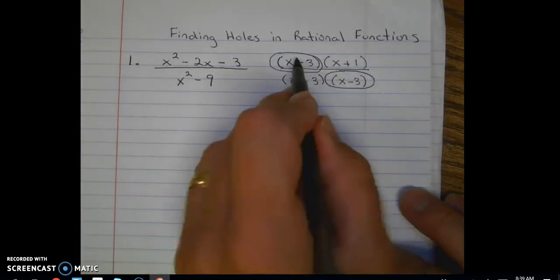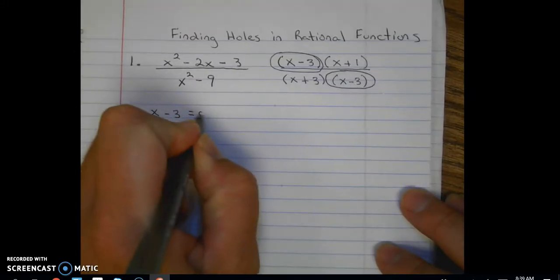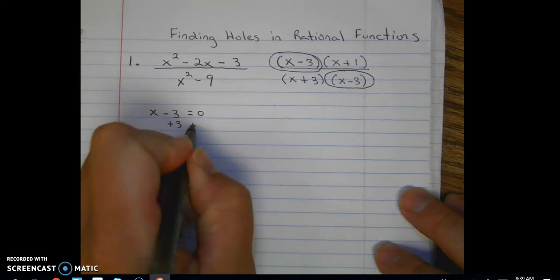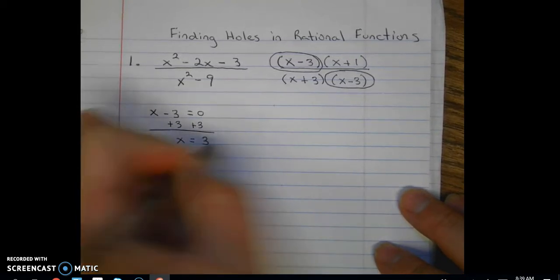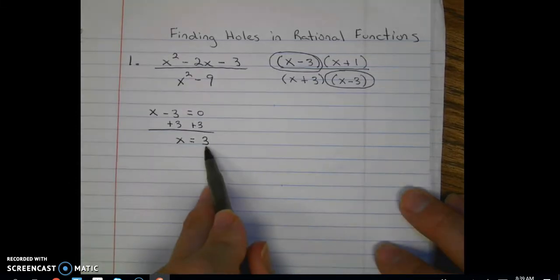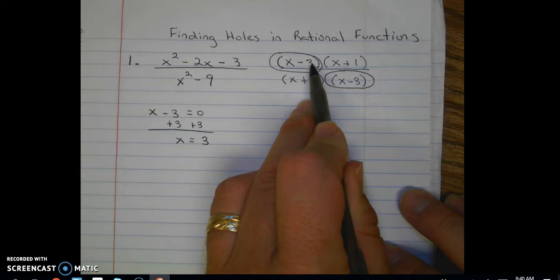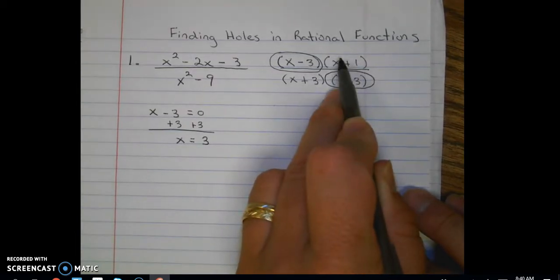And so to find out where that hole is, you would set that factor equal to 0 and solve for x. So we have a hole at x equals 3. Now why is that? Well, if I plug a 3 in here, I get 3 minus 3 is 0, and 0 times anything is 0.